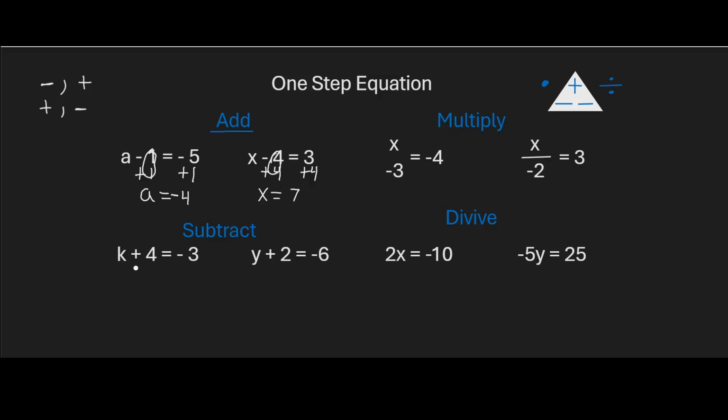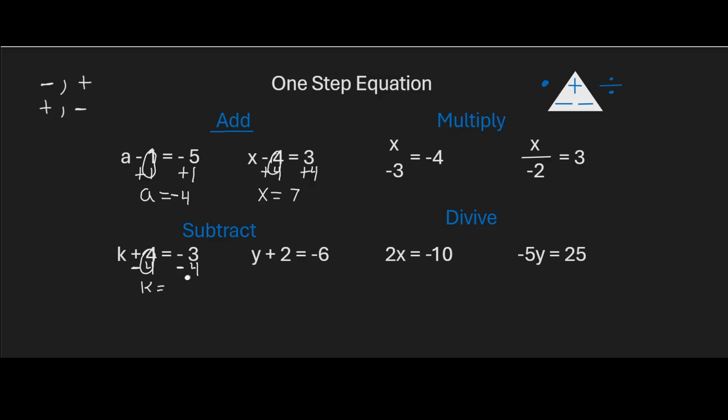I'm going to do the opposite. The opposite of adding is going to be subtracting 4, and I'm going to do the same thing on the other side, subtracting 4. Now adding positive and -4, they will cancel each other out, so it's going to turn into 0, and that's how you end up only with k equals.